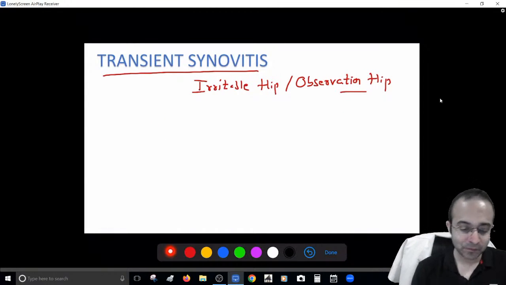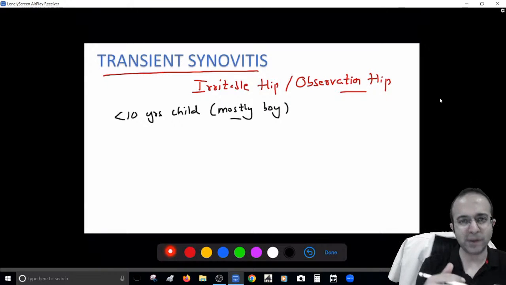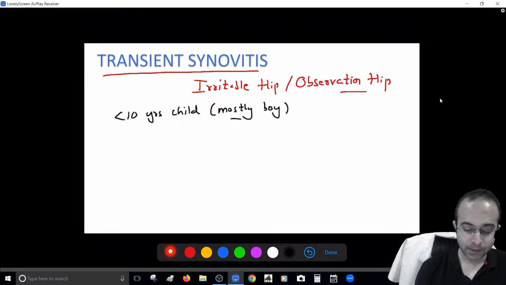I'll tell you. Generally it is a child less than 10 years old, mostly a boy, because the condition tends to be almost twice as common in boys. And this boy has had a history of some kind of viral infection, some cough, coryza, flu or something.